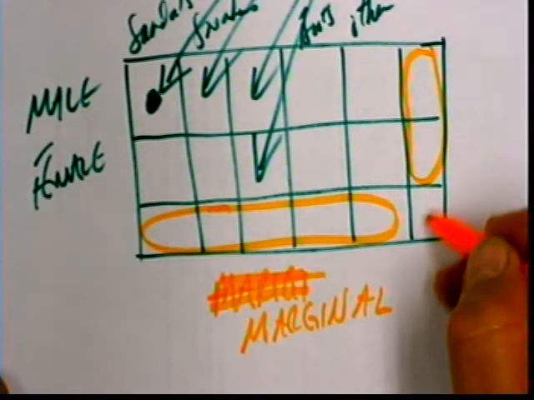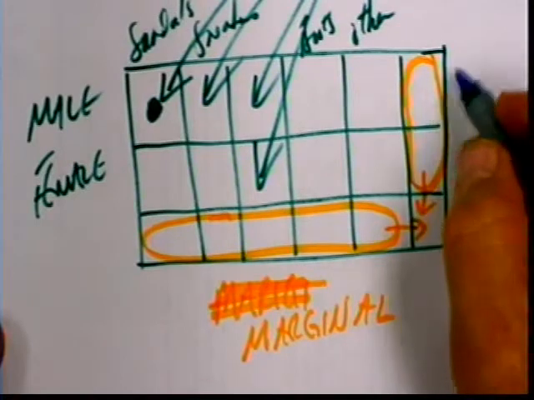Now, if we add up this column total and the row total here, we should get that value here. These should both be the same value, whatever that value is.